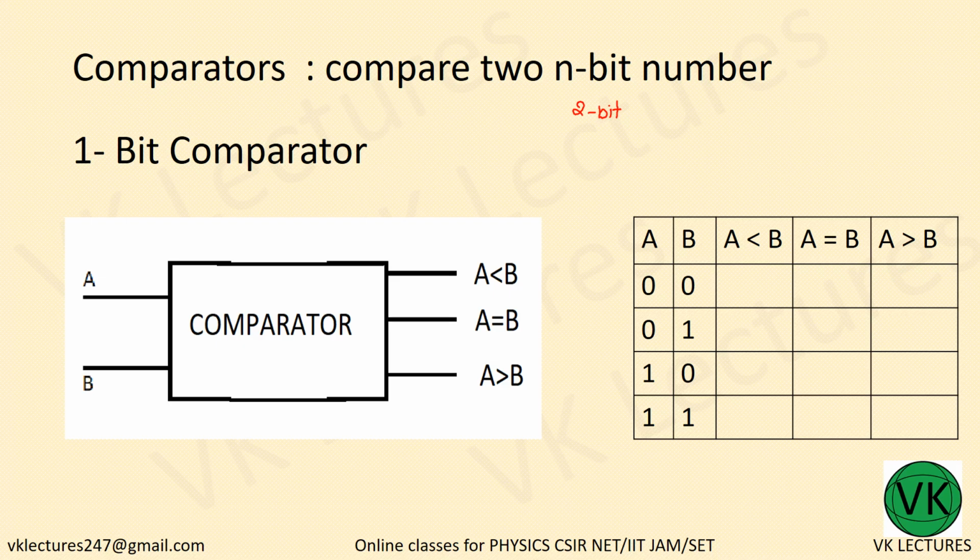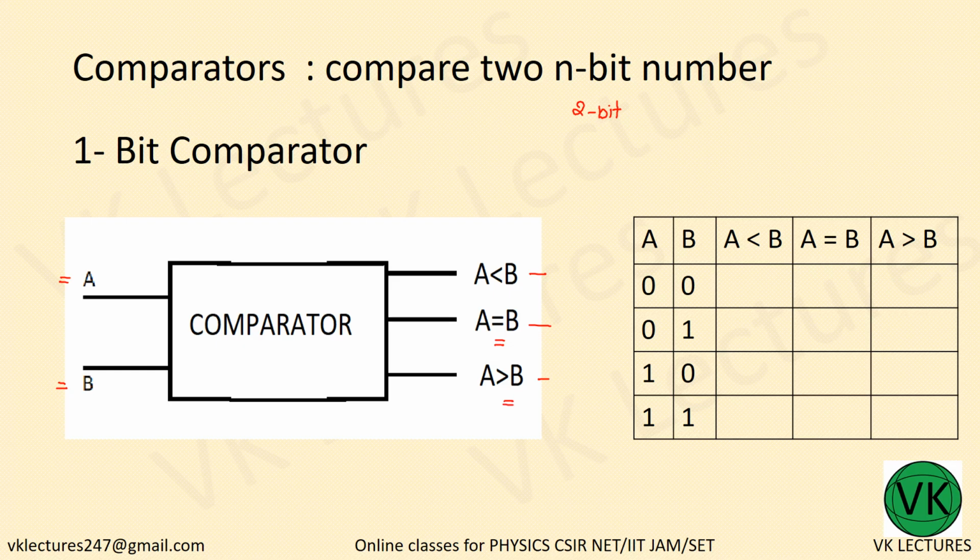What we compare is the values of two inputs, that is, if there are two inputs A and B, the comparator will check whether A is less than B, or A is equal to B, or A is greater than B. These are the only three options available, right? If you are given two bits or two numbers, either A will be less than B, or A will be equal to B, or A will be greater than B.